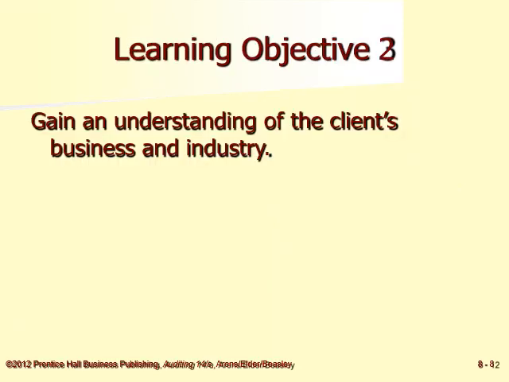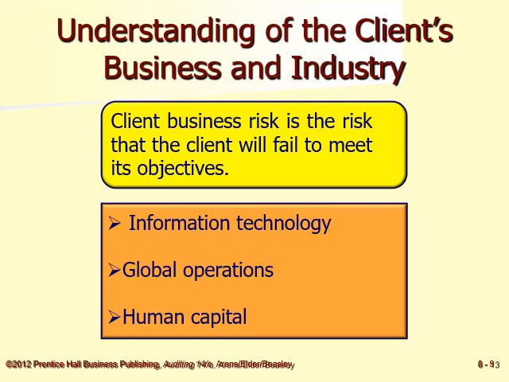Next, learning objective number two: we need to gain an understanding of the client, business, and industry. What is client business risk? Client business risk is the risk that the client fails to meet its objectives. Let's say the client's industry is the fashion industry.